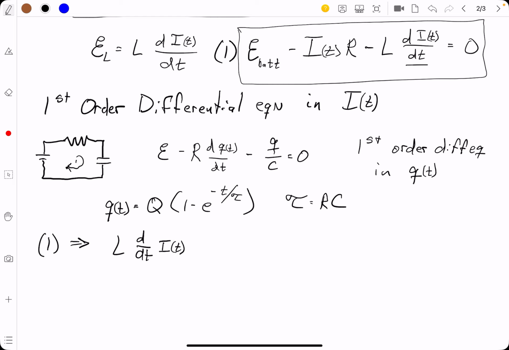That is equal to our EMF minus R. I'm going to put the R first and then the I of t.